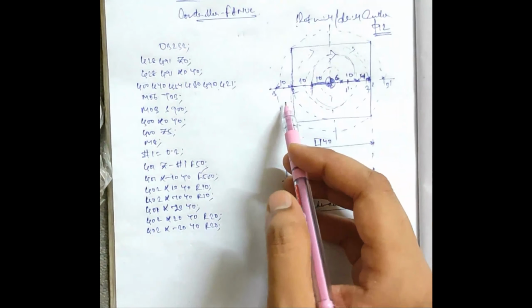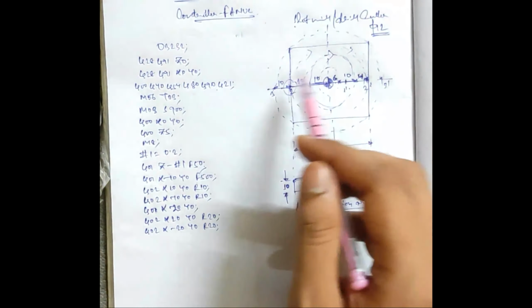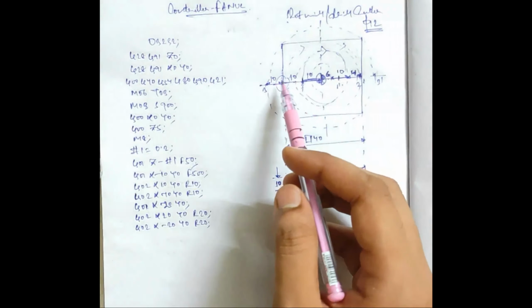Even after reaching the corner of the workpiece, there are some points which are untouched yet. These are all the four corners of the workpiece. To remove that material, you have to move again from this point to point number 3.